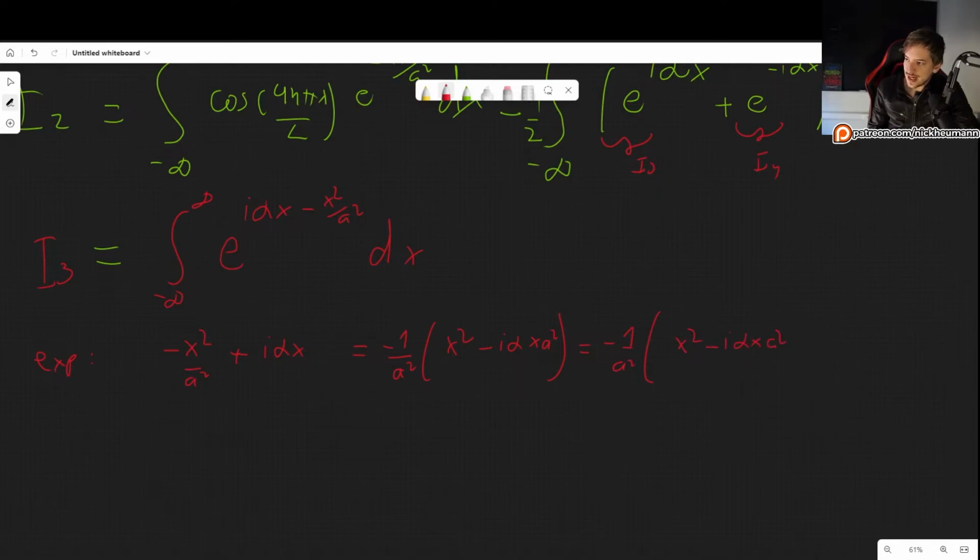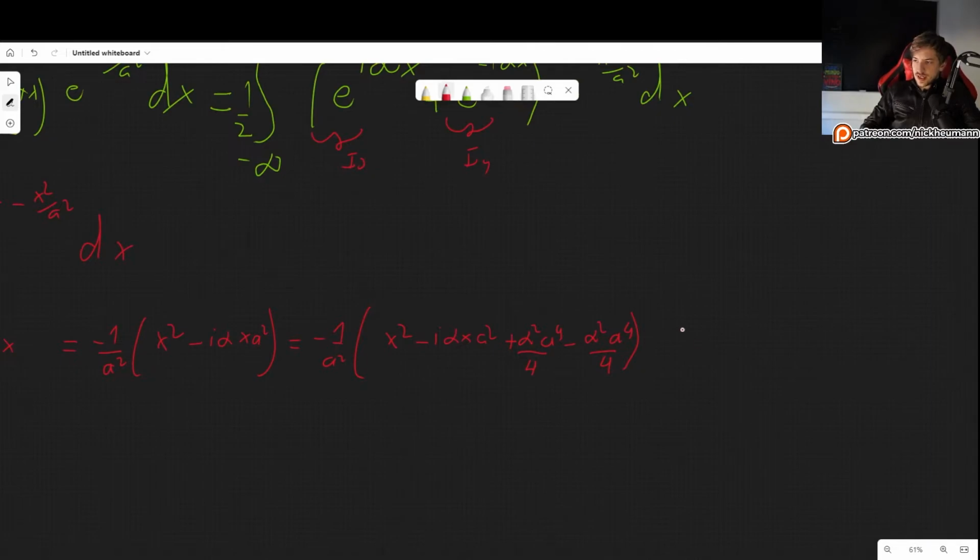We need to add and subtract this term divided by 2, squared. So this term will give us a minus sign, so we will have to add and subtract it. And we get alpha squared, not x squared, of course, because that term comes from the square, which doesn't include the x, a to the 4th, and this is divided by 4. And now we need to subtract this same amount so that we are not doing anything that is not allowed. So here I simply did a few more steps than I had before.